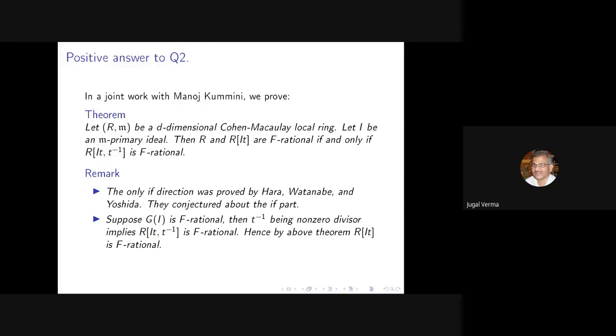What about the F-rationality of the fiber ring? No, there are no results, I don't think so. Professor Watanabe is in the audience. I can ask him if there are any results about the fiber cone being F-rational.